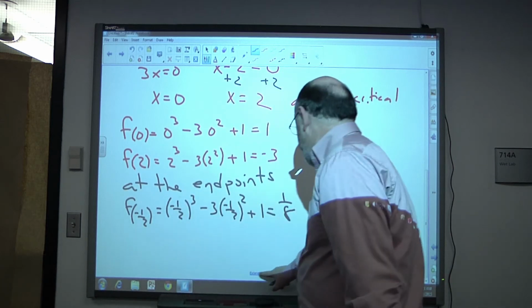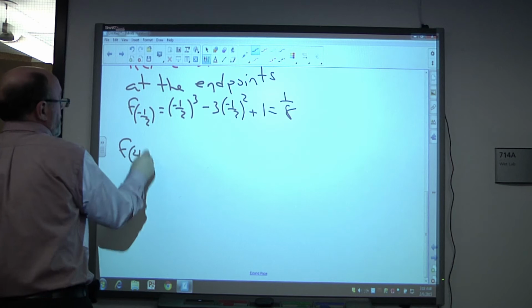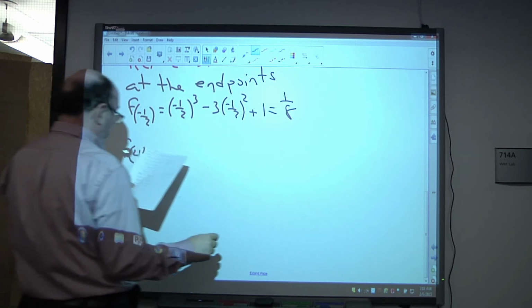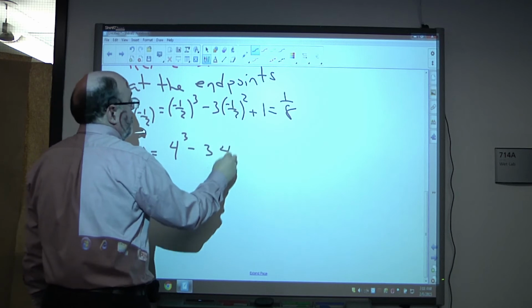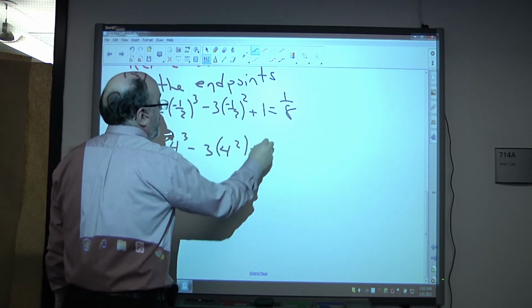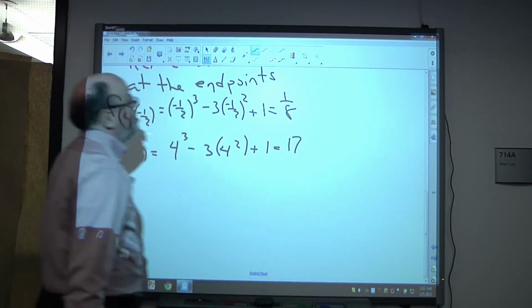And then we do it for f of 4. And so we get 4 cubed minus 3 times 4 squared plus 1, and that'll give us 17.